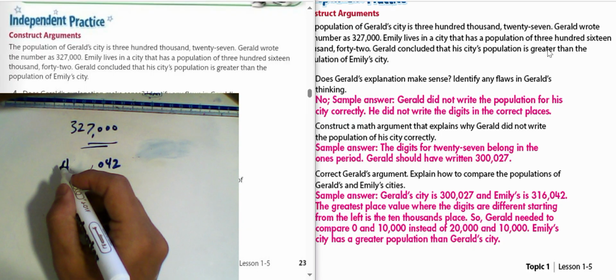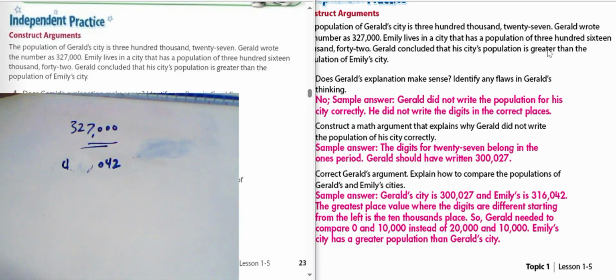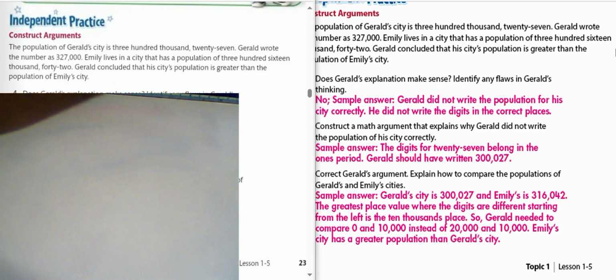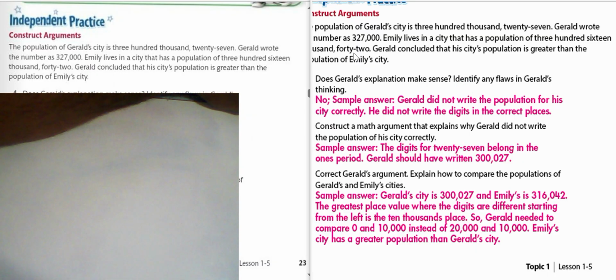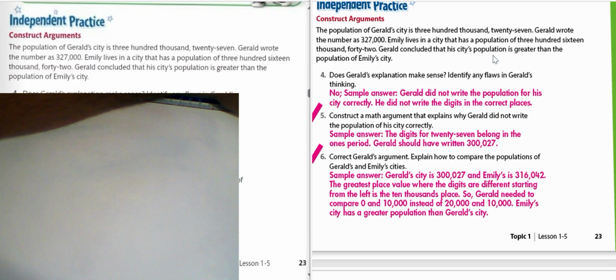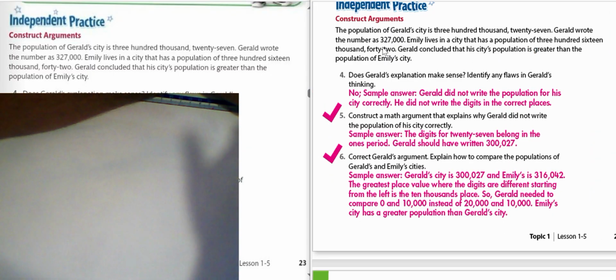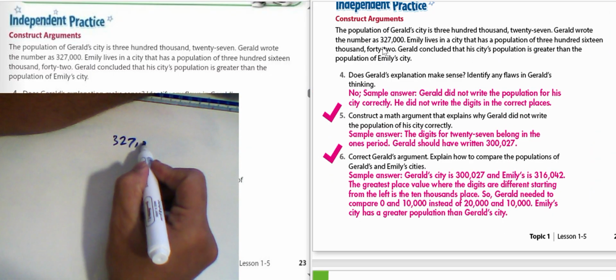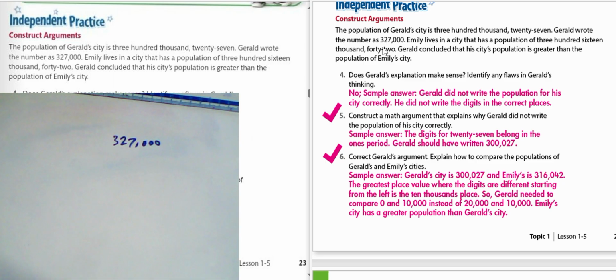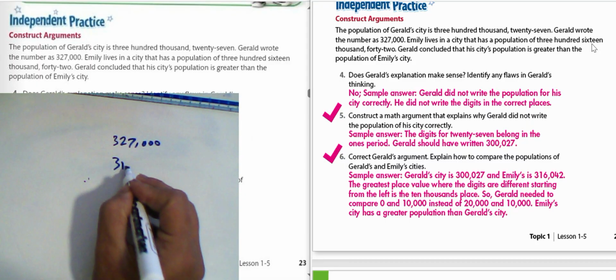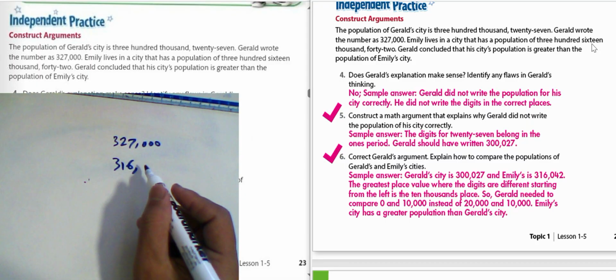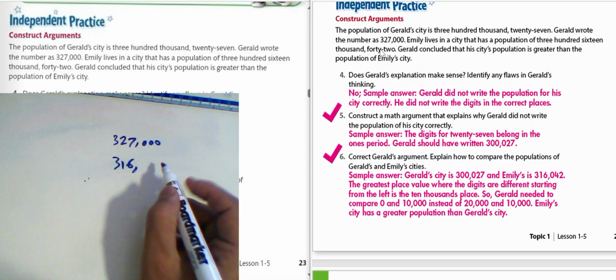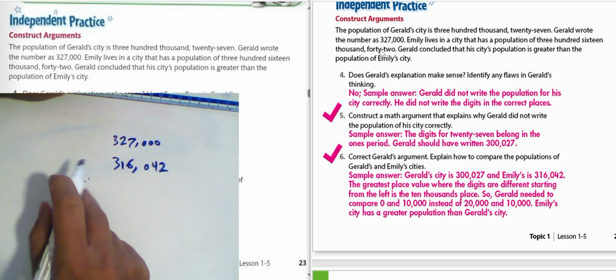Population of 316. I will read it again here from the next page. It's clear now. Two numbers. The first number was 327,000. And the second number was he lives in a city that has a population of 316,042.